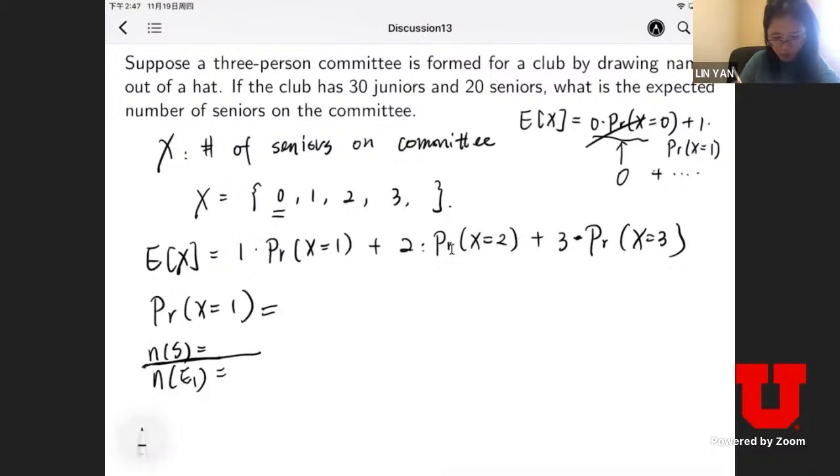But can you tell me what is NS? The NS means the number of ways to create the committee, the 3-member committee.